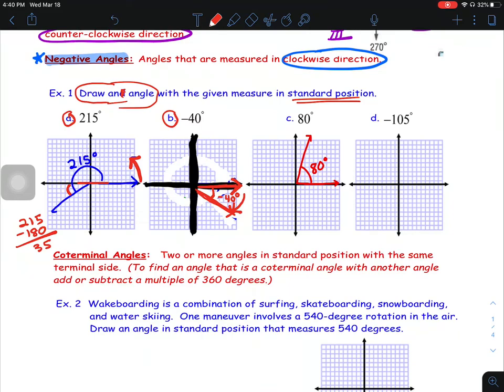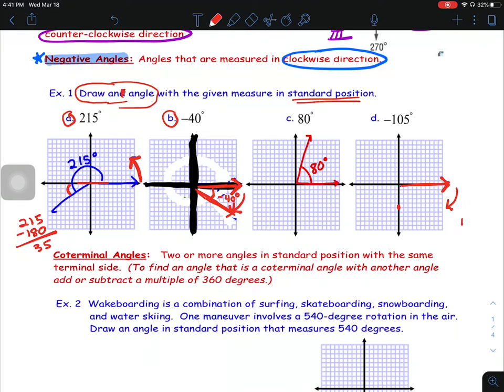Let's look at example D. This is another negative angle. We are starting with the initial side right here on the x-axis, and we're going to go in the clockwise direction. It's going to be negative 105. Once I get right here to the y-axis, I've gone 90.